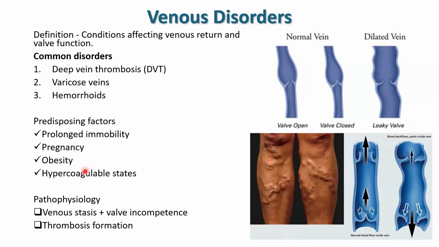Obesity. Then hypercoagulable state, which means taking drugs that encourage the blood to clot. And for the pathophysiology, you'll come to the Virchow triad, but understand that this is varicose veins here.